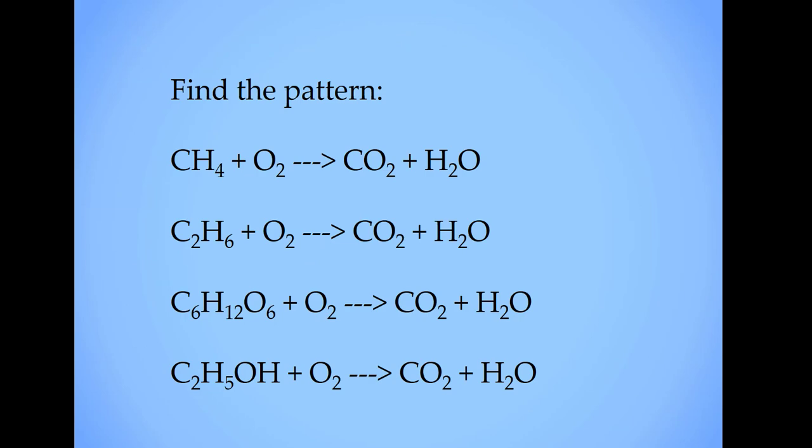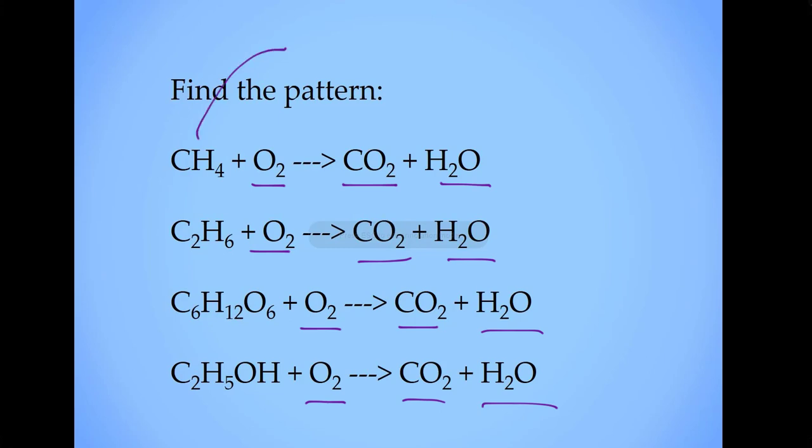All right, so this is our last pattern. This is probably my favorite type of reaction. See if you can find the pattern. This one is a very specific reaction. Notice that you have the same product. It's always carbon dioxide and water. And notice you always have oxygen on that side. And what we begin with has carbon and hydrogen.